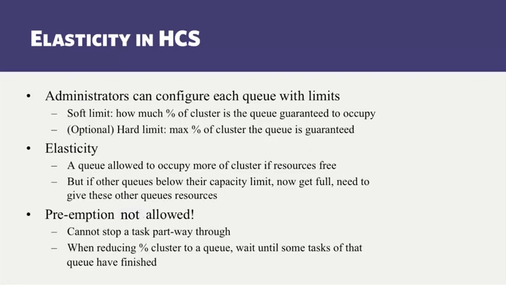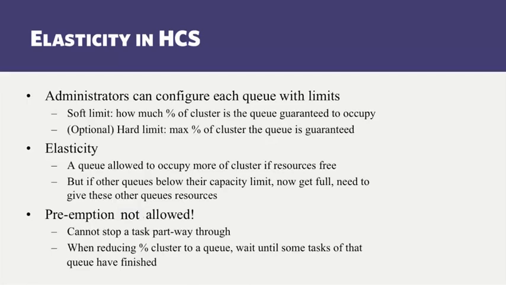Elasticity is allowed by this particular approach because if, for instance, there is only one queue that has jobs, then the queue might expand as much as possible to occupy the entire cluster. So if your hard cap, for instance, your hard limit is 100%, then that queue could be expanded to occupy the entire cluster, and its jobs can get the entire cluster as long as resources are free.